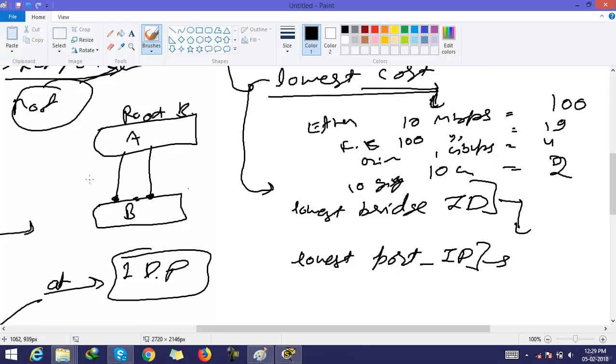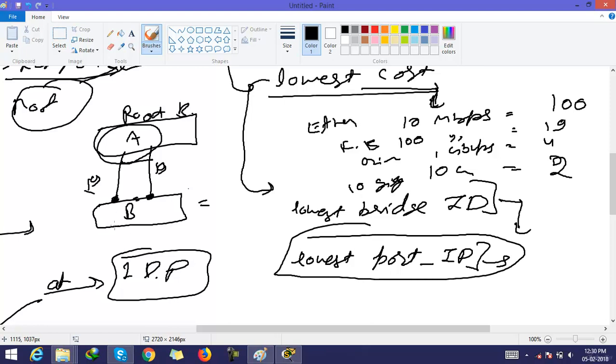This link has cost 19, and this link also has cost 19. Then the election comes to the lowest bridge ID. For these two ports, the bridge ID is the same because both belong to the same bridge. Then the election goes to the smallest port ID. From the perspective of B, the port ID is checked on the upstream switch.